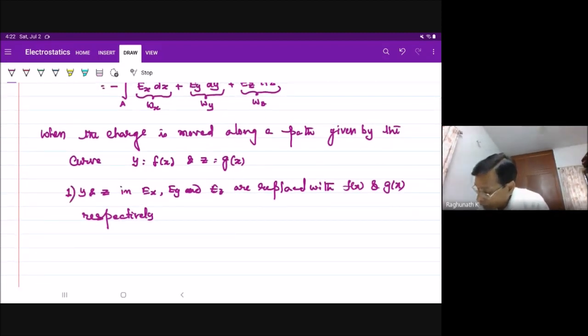Number 1. Number 2. dy is replaced with, because only one, we are considering x as the independent variable. dy by dx is equal to f dash of x, because it is only f of x.